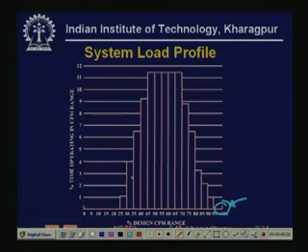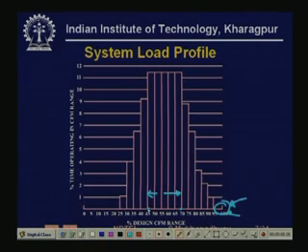So most of the time the flow is actually between about 45 to 70%. So maximum time the flow stays within 45 to 70% of the design flow range.